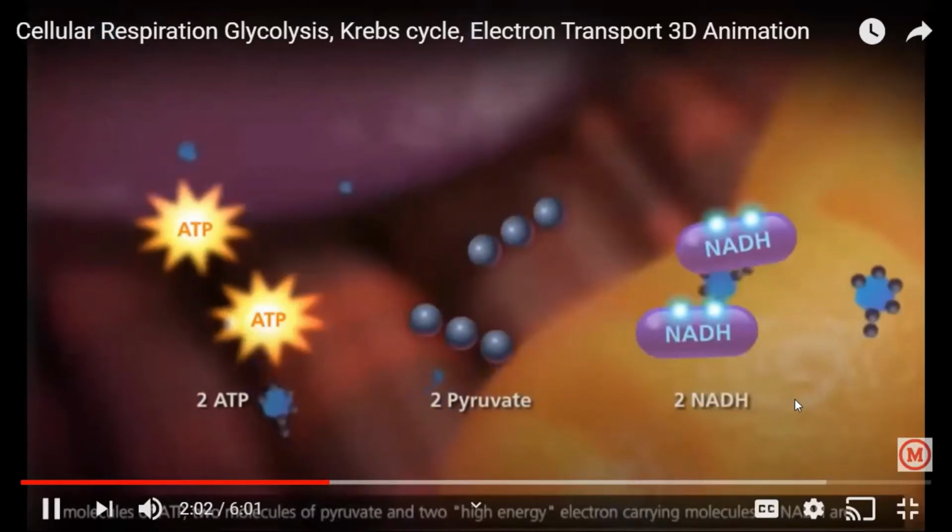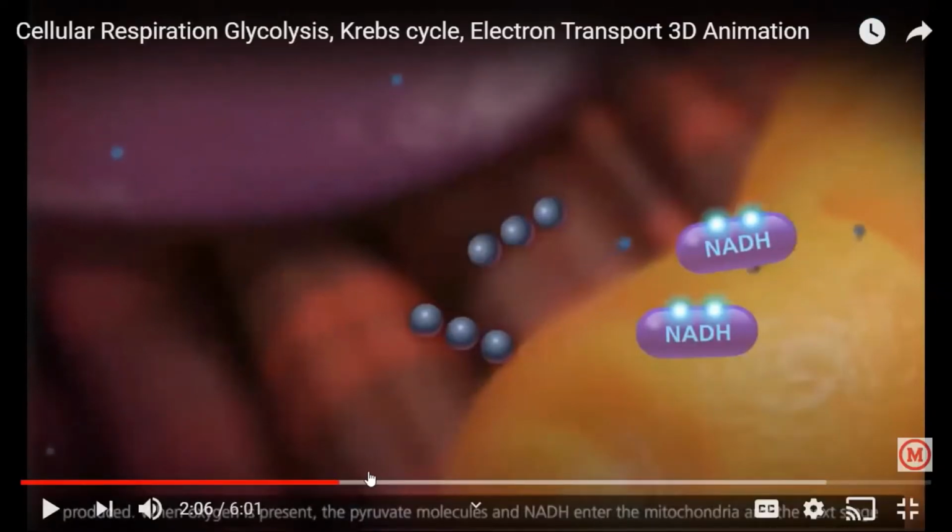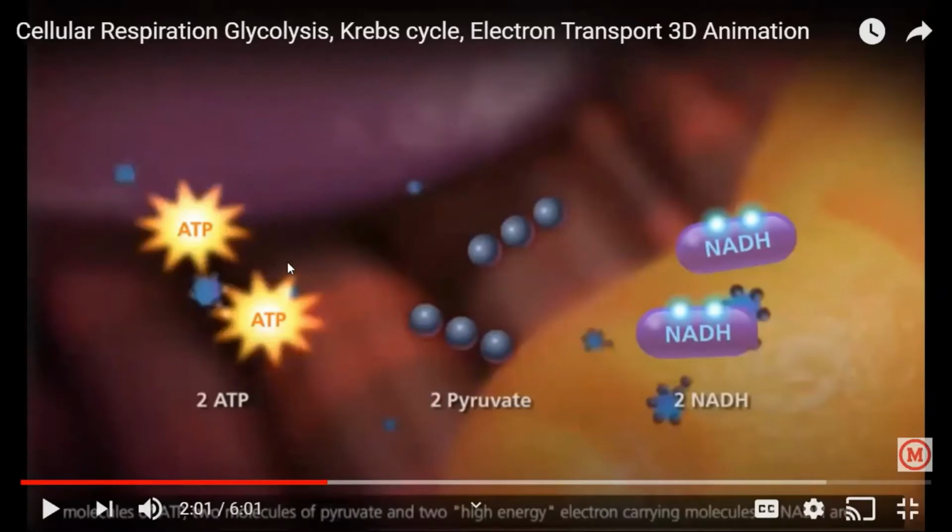In the process, a net of 2 molecules of ATP, 2 molecules of pyruvate, and 2 high-energy electron-carrying molecules of NADH are produced. Here they mention that this is a simple product of glycolysis: pyruvate, ATP, NADH.